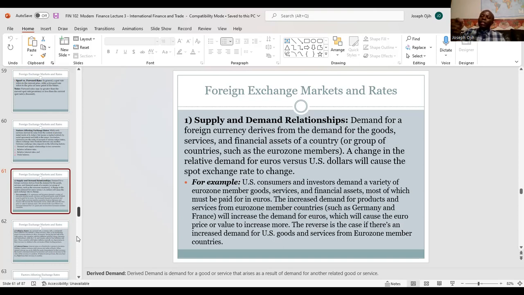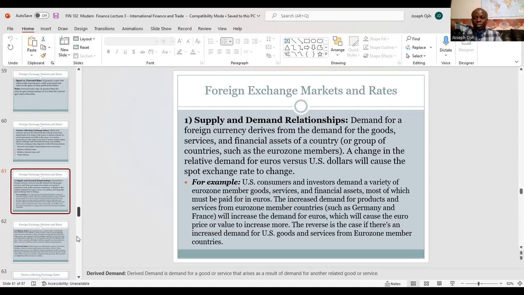So we demand a country's currency because we want to buy what that country produces. The demand is derived from the goods and services that currency can get us. So if we demand those goods and services more, then we demand the currency even more.